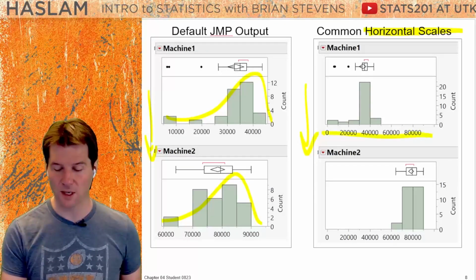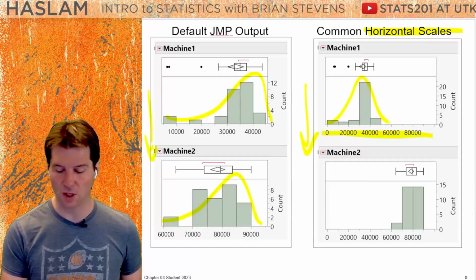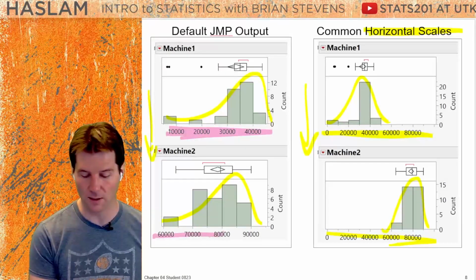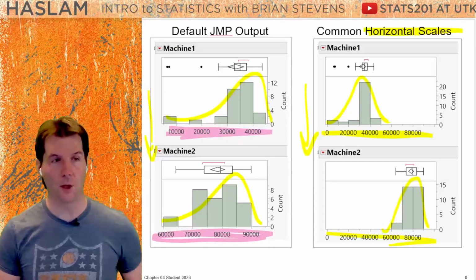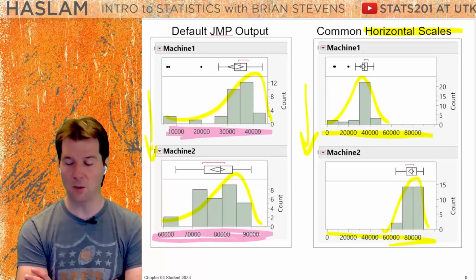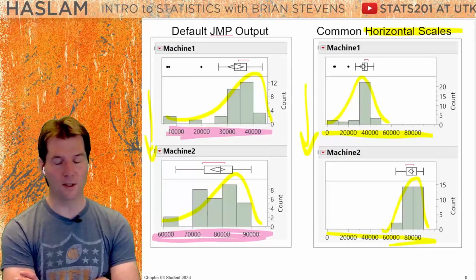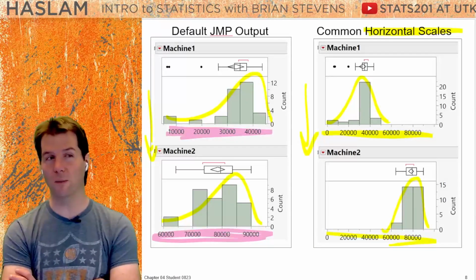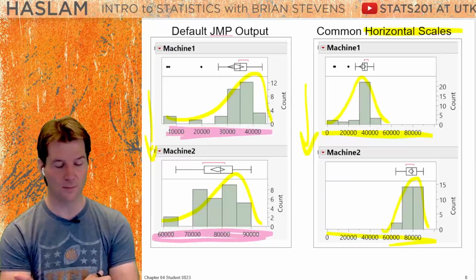But if you put them on the same scale, you'll notice machine 1 is much lower than machine 2. Take a look at the disparity in the number lines here, where they're very not the same. And you'll notice that you're not comparing things equally. Usually you want to make the count axes the same, but the number one thing is a common horizontal scale to evenly compare these and see where the differences are.